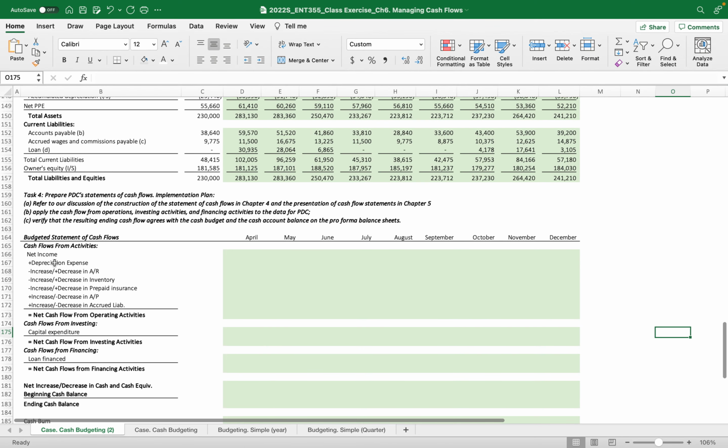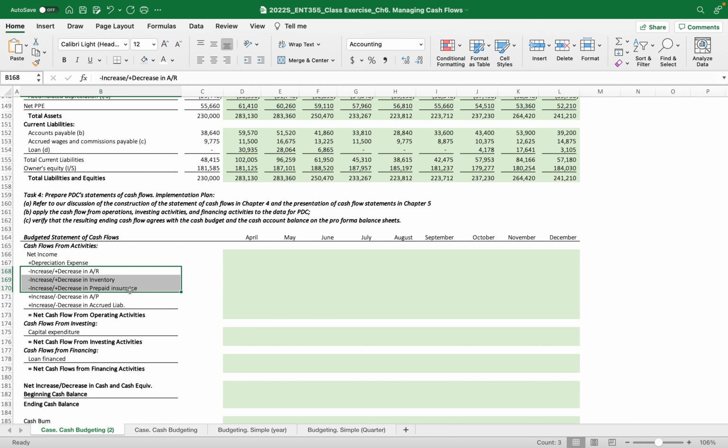We want to reconcile net income because net income is not actual cash, and we add back depreciation expense because it was not actual cash out, but net income considered it an expense. Accounts receivable, inventory, and prepaid expenses of insurance are balance sheet asset increases, but net income doesn't include those changes.